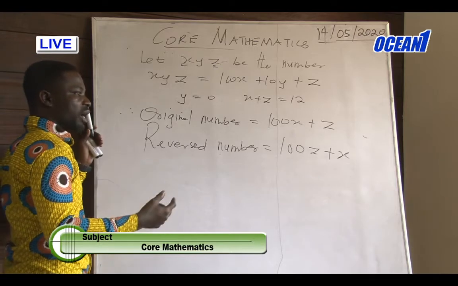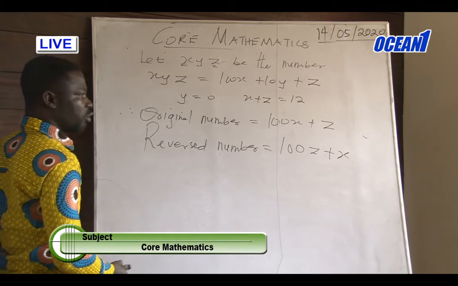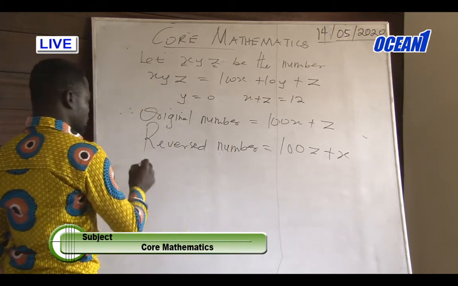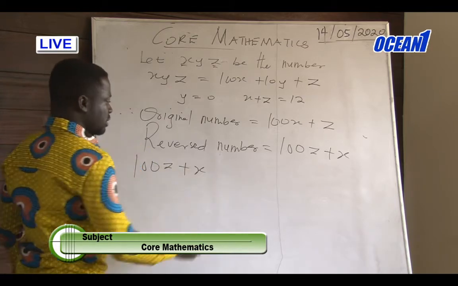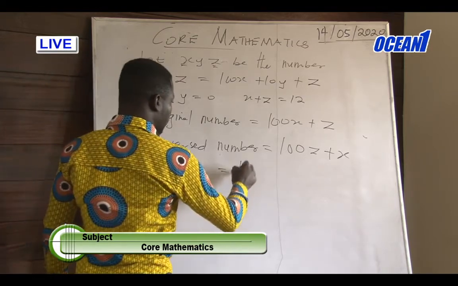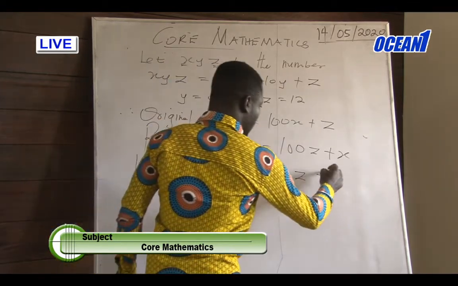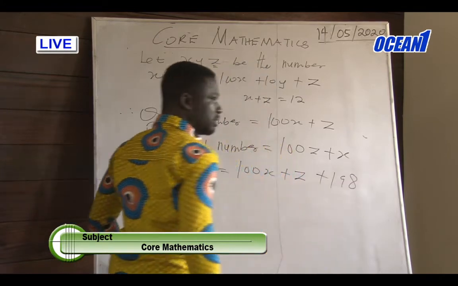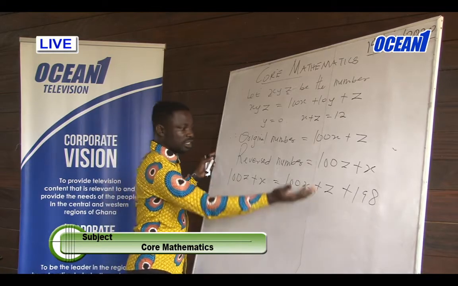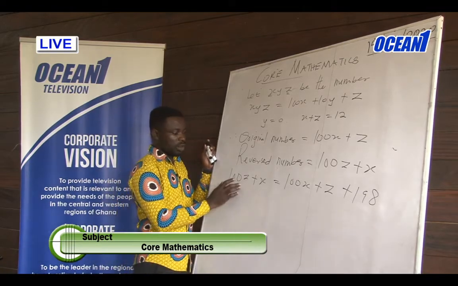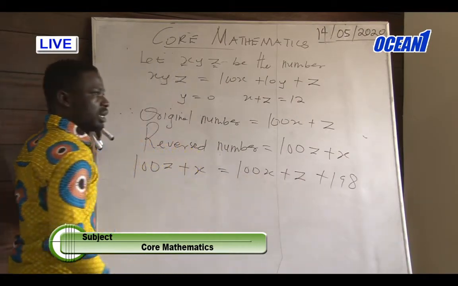They said that the number increased by 198. It means that our 100z plus x is going to be the 100x plus z added to the 198. That's increment. With the digits interchanged, the number increased by 198. So our reverse number is going to be the original number plus 198.